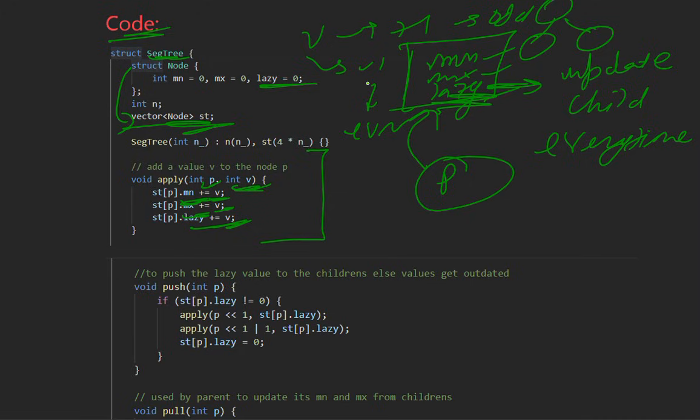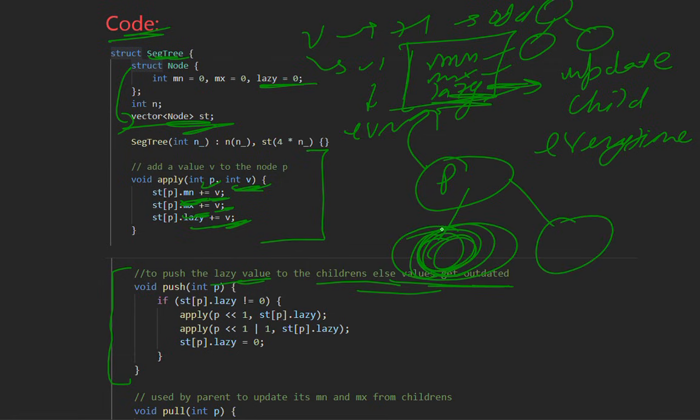The next function is the push function. What the push function does is push the lazy value to the children. Suppose now we need some values from these children. Whatever value is present in the lazy of p, we have to pass to the children so that we get the correct answer. So push checks whether the lazy of the current node p is not equal to 0.